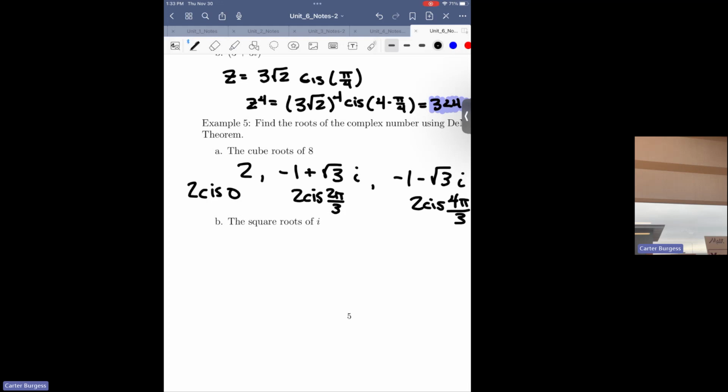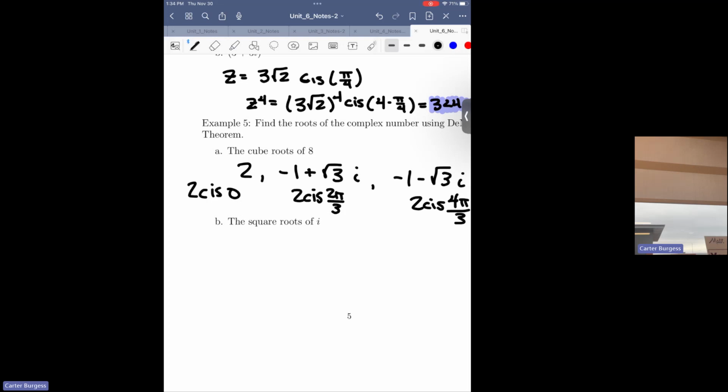So what is the real component? Like here, we had 8 as our real component, and we had 0i. Do we have a real component here?